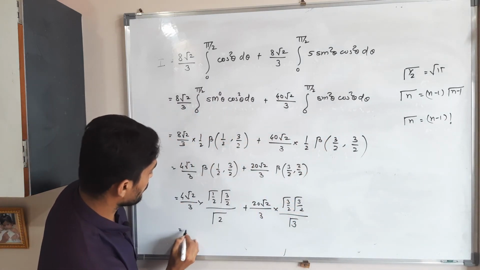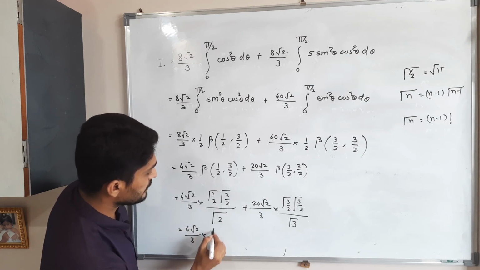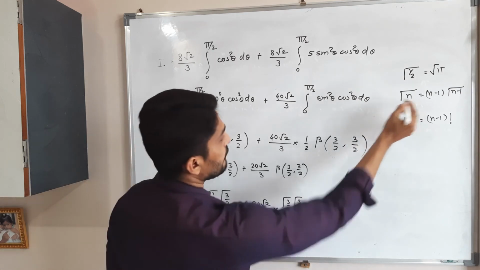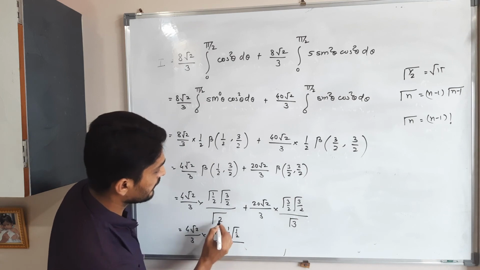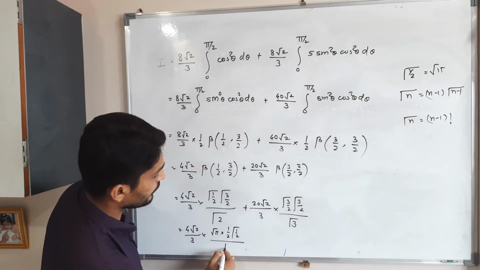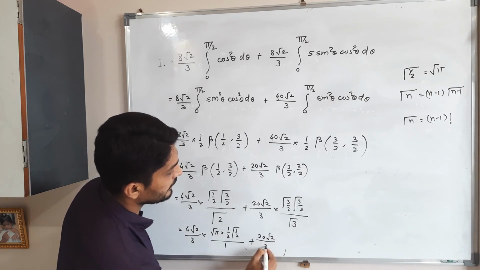So this is equal to 4 root 2 by 3. Gamma 1 by 2 means root pi. Gamma 3 by 2 means, using the second formula, 1 by 2 gamma 1 by 2. Gamma 2, using this formula, is 1 factorial, that means simply 1, plus 20 root 2 by 3.